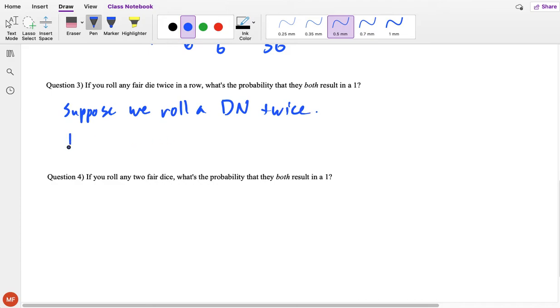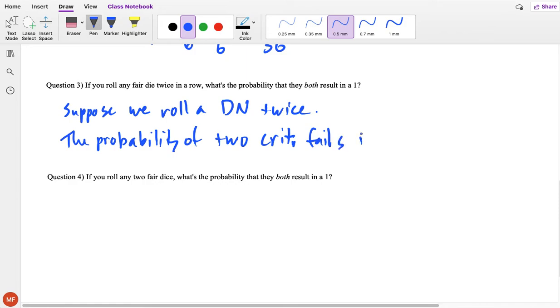Then the probability of 2 critical fails, and often we call that crit fails, so I'm just going to be lazy and write that. Again, we take the probability of rolling a 1 the first time times the probability of rolling a 1 the second time, and so this gives us 1 over n squared.